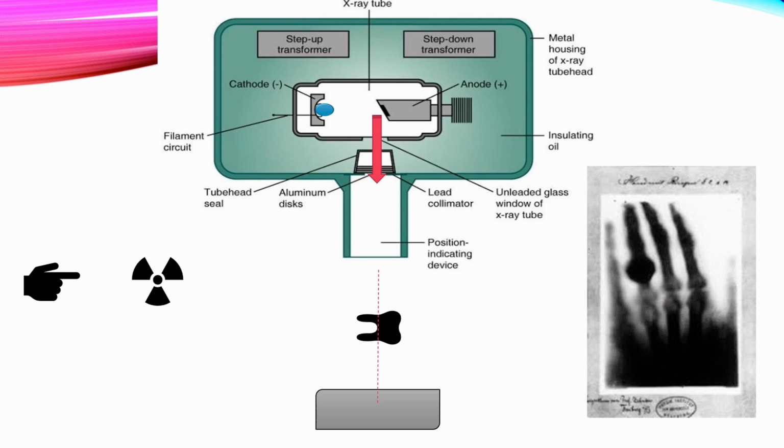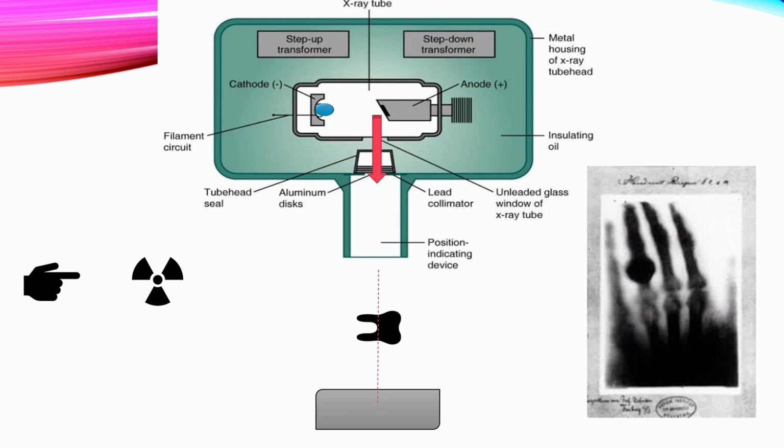It creates a spectrum of wavelengths, some long and some short. The longer wavelengths are filtered out by the aluminum discs, and it is centralized by the lead collimator, and it passes through the PID. Once it passes through the PID, then it passes through the object we are wanting to get an image of. In our case, it's the tooth.